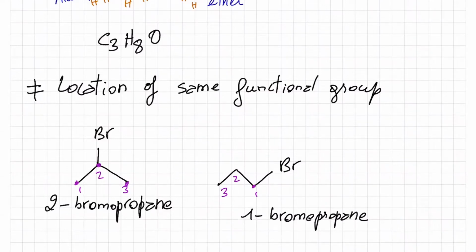If we had to name this one, we would have 2-bromopropane, as opposed to this one, which is 1-bromopropane. So when I'm saying the name, the number matters too for naming. If numbers are different, then the name is different. Thus, we have different compounds.